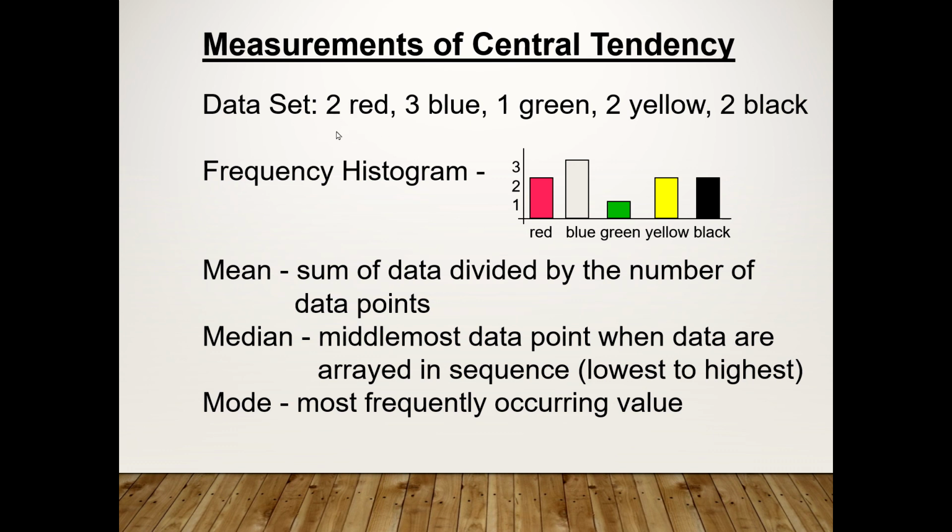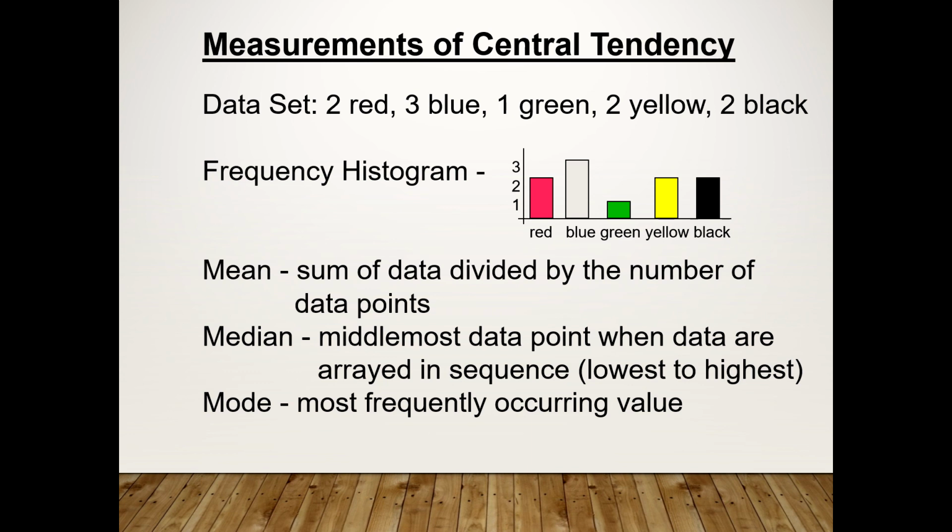So 2 plus 3 plus 1 is 6, plus 2 is 8, and 10, divided by 5 data points. 10 divided by 5 is 2. The mean number is 2 for our data, the mean number of fruits or vegetables in our basket. We also call it the average.